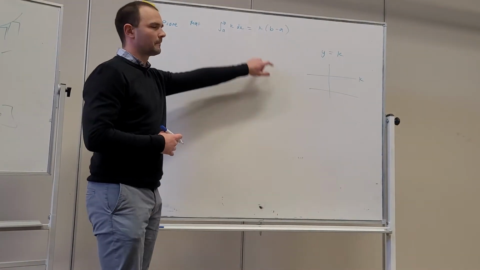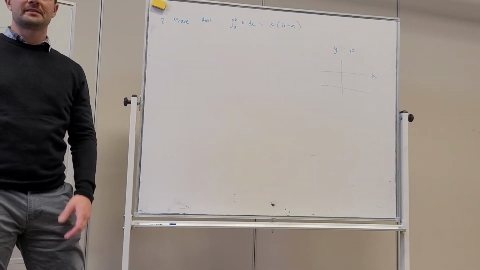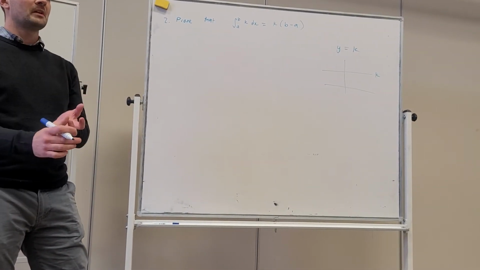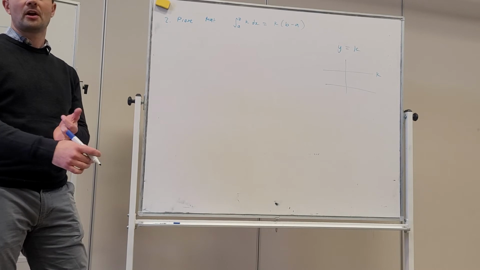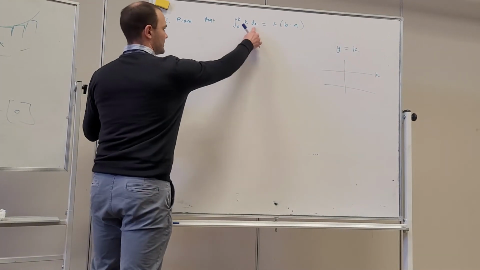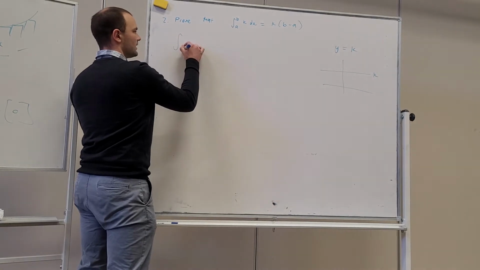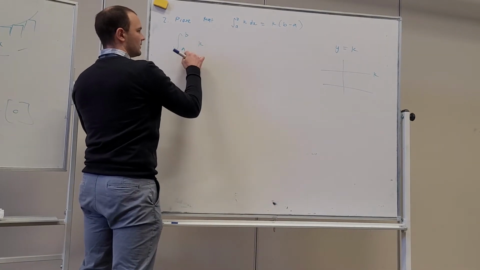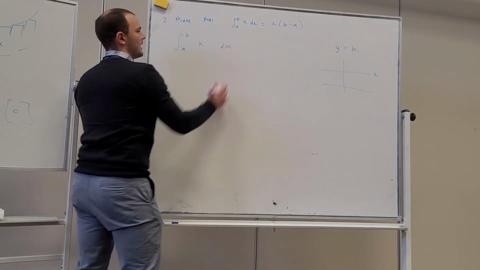So we're trying to prove this. Whenever we're doing a proof, we start with the left-hand side, we manipulate it, and then if we need to, we manipulate the right-hand side as well until they're equal to one another. This one we're not going to need to, we're just going to start with the left-hand side. So let's perform it. We've got the integral from a to b of k with regards to x.